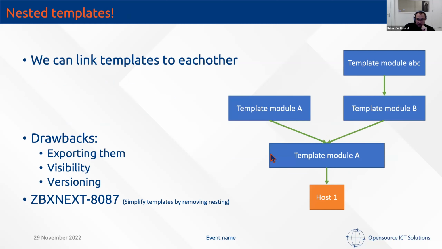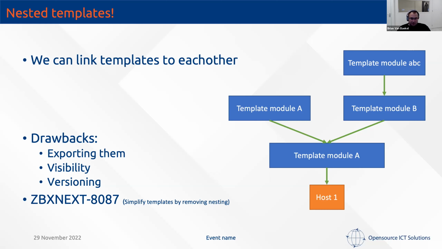Something that is still possible is linking templates through each other so we can nest them. We can build a template module A, and from this template, we can link other template modules. It is being used, it works, and I'm not a big fan of it.